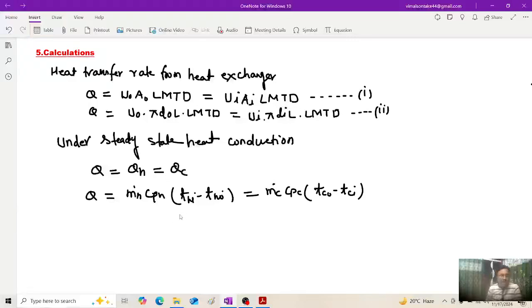Let's say this is equation number 3 and this is equation number 4.